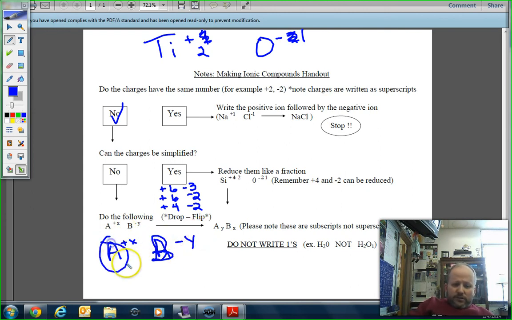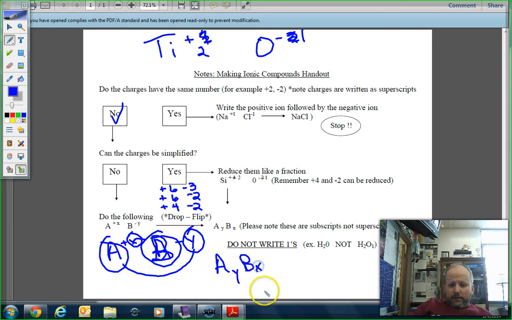I always say A to this, B to this. And that is why we get A subscript y, B subscript x. But don't ever write the number 1. We never write the number 1.